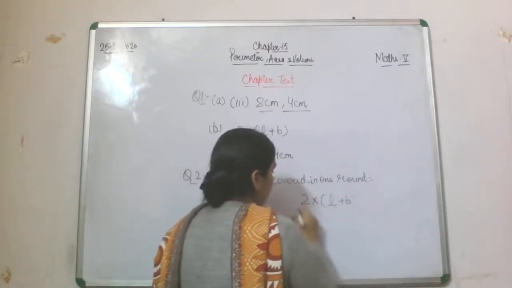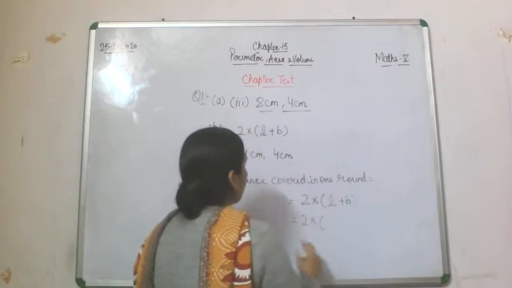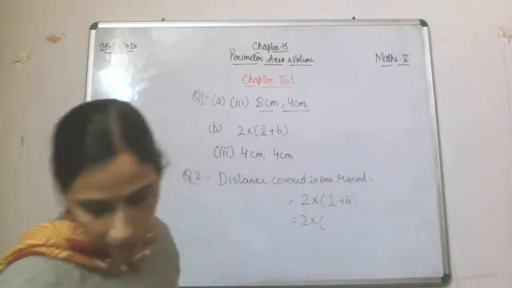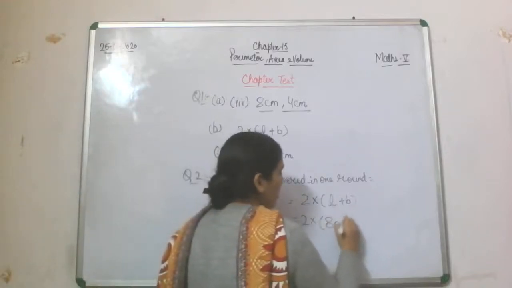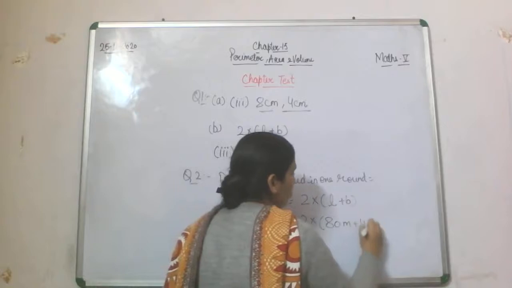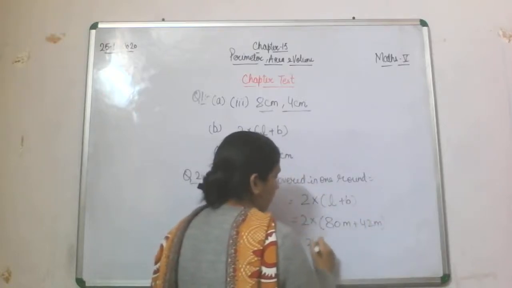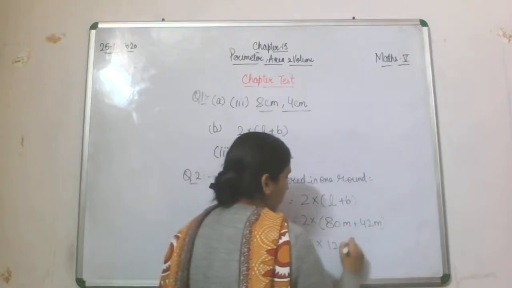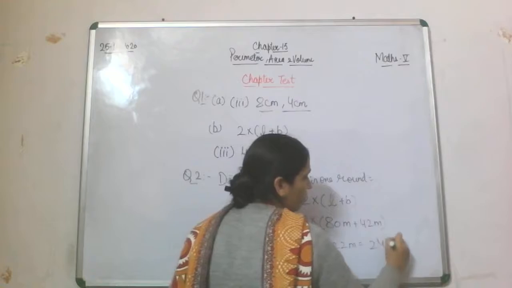So we'll put length plus breadth, that will be 80 meter plus 42 meter. Do the multiplication, 244 meter.